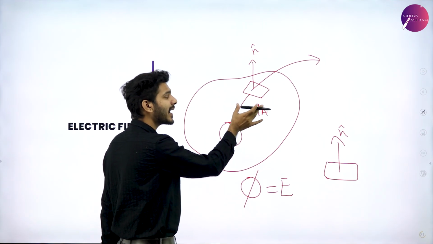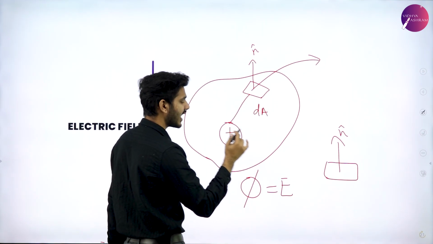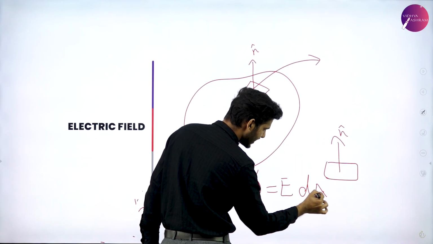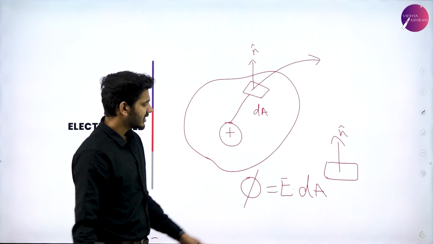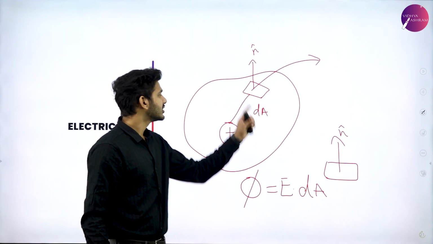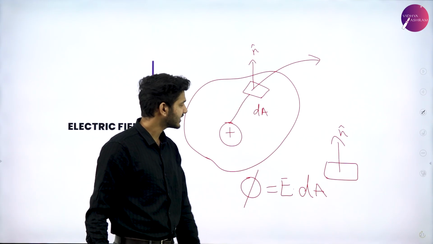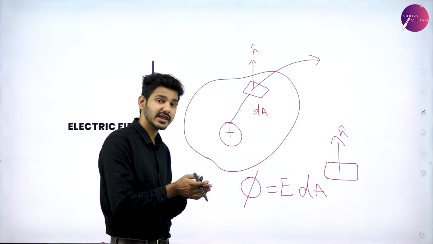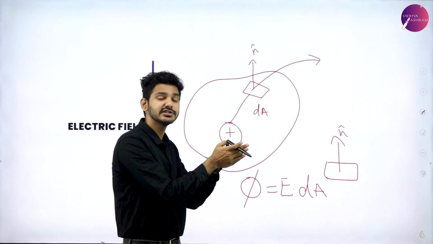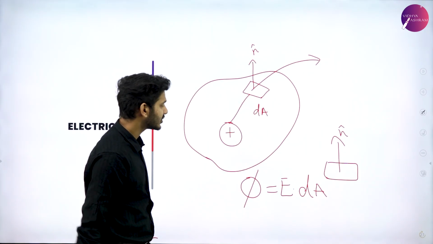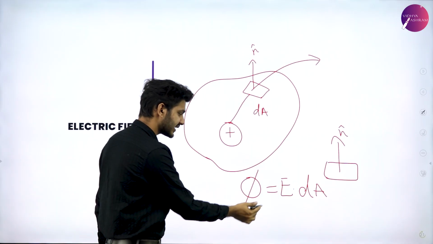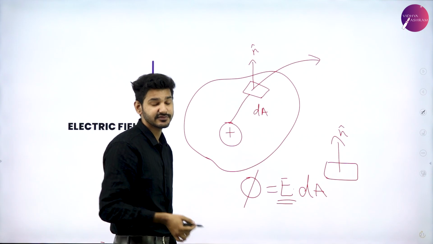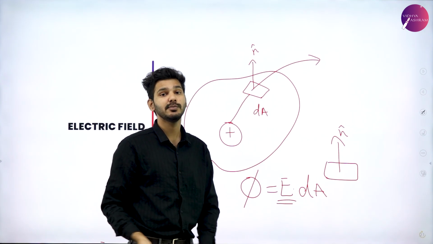So depending on the magnitude of that electric field and the area, E dot dA. So depending on the magnitude of that electric field and how much area it is penetrating, or simply how many field lines are passing through that given area, you will get flux. If there is high electric field strength, or the magnitude of the electric field is very high, the flux will automatically be very high.